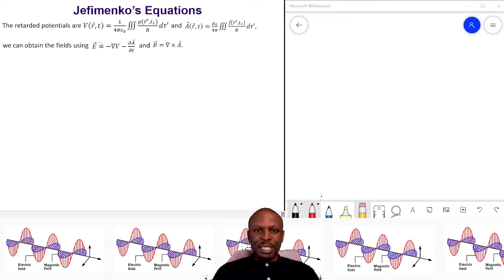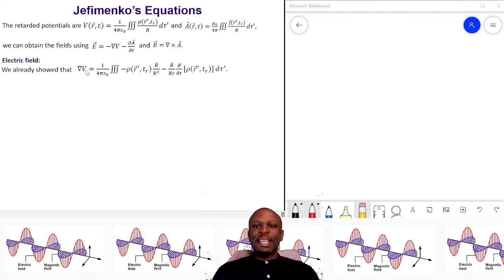Right, let us just start with the electric field. When we start with the electric field, we have already shown that the gradient of V is given by this. This is the gradient of V. Now what we need to do is take the time derivative of the vector potential A.